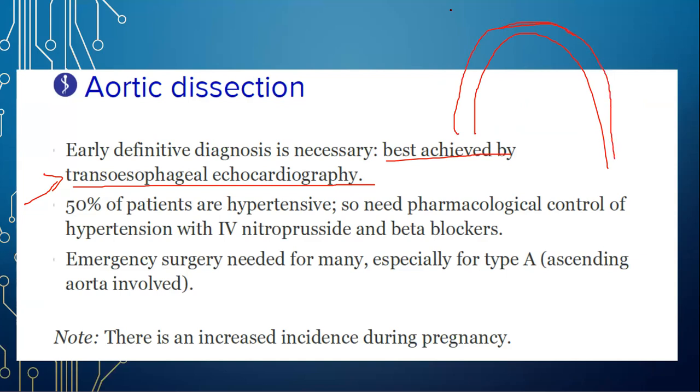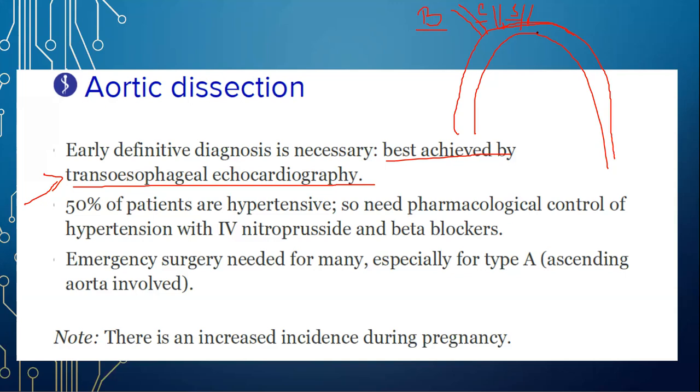And you remember that your aorta has some branches which go to your brain or your neck, which we call brachiocephalic artery, carotid artery, and subclavian artery, right? BCS. So brachiocephalic, carotid, and subclavian.